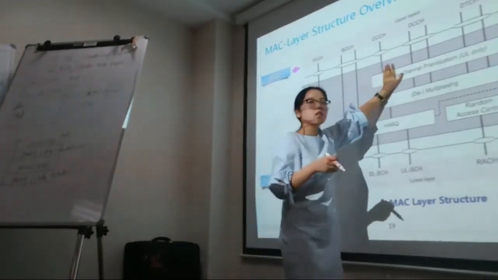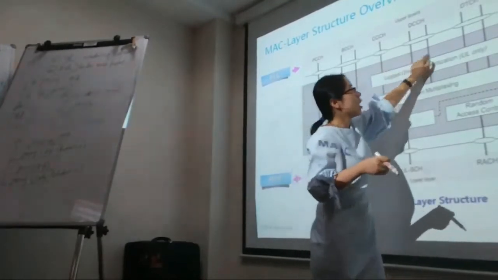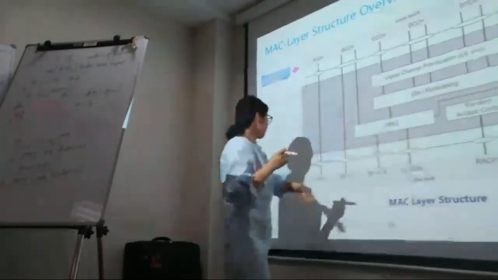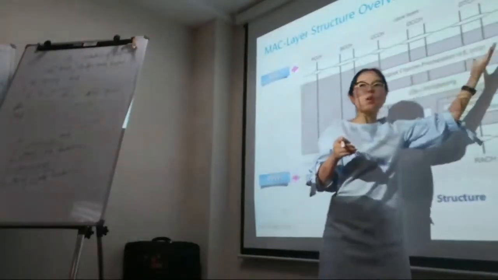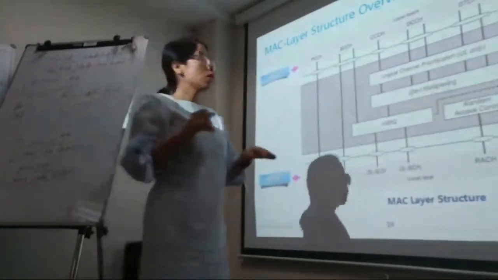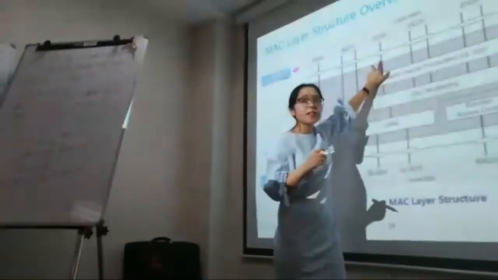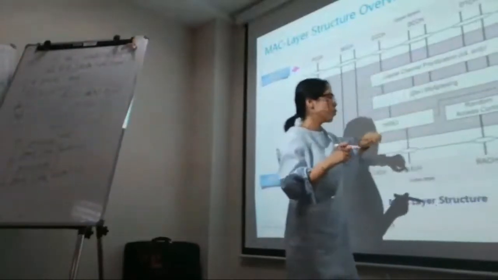So on the right are the CCCH, DCCH, and DTCH. For the downlink and uplink, these three channels are the same, right? For the uplink CCCH, DCCH, and DTCH, where will they go?